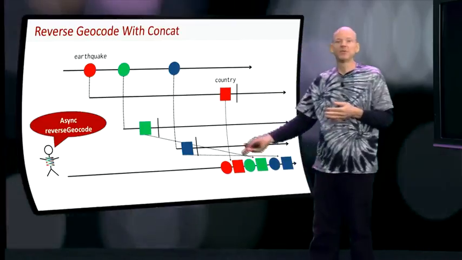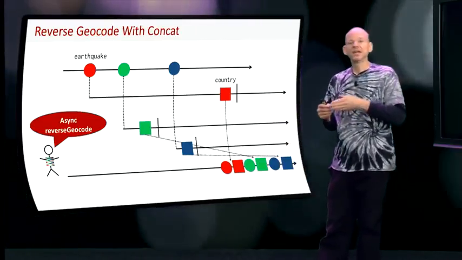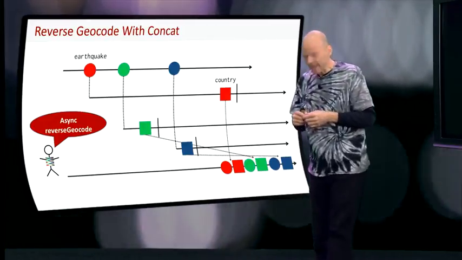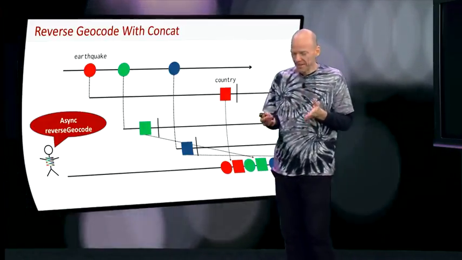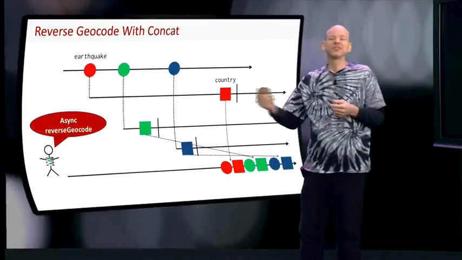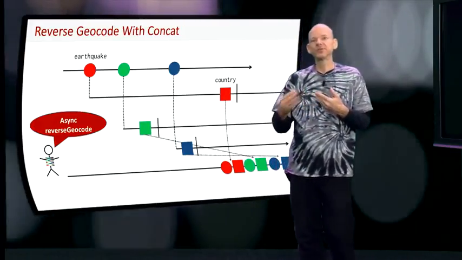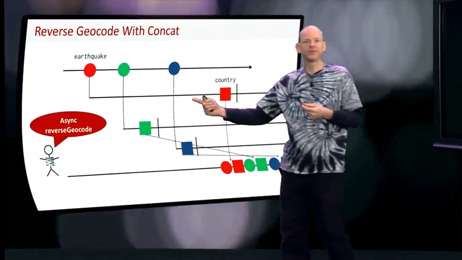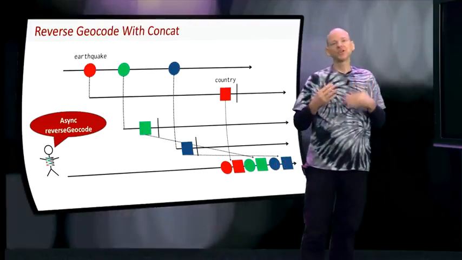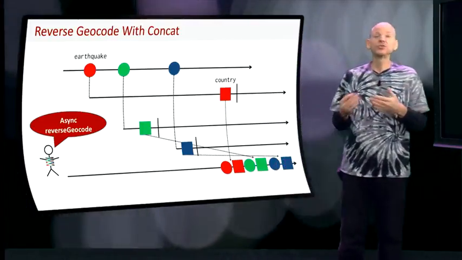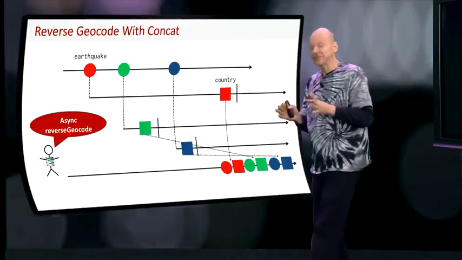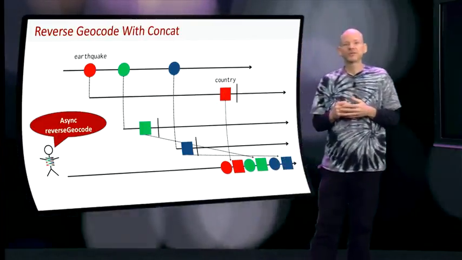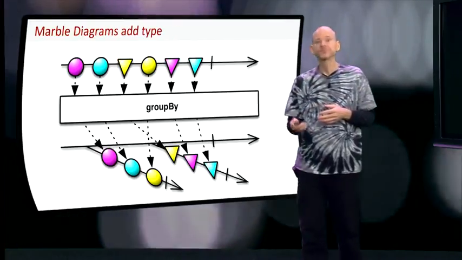So in that case, we will have to use concat in order to make sure that the earthquakes remain in the right order. Now, as I said, this is a little bit dangerous, but in this case, since the future only returns one value, you only ever have to buffer a couple of values, and assuming that things are not too slow, this should work. But in general, you might have to use some form of timeout to avoid infinite buffering.